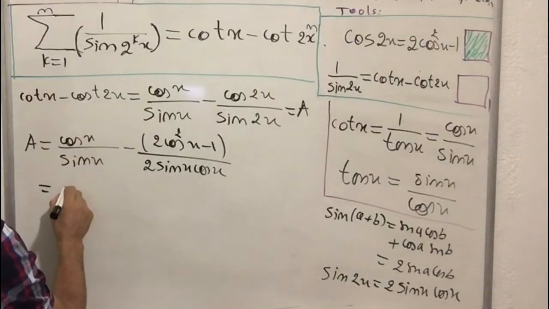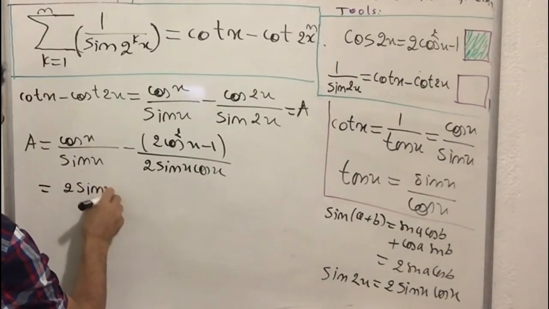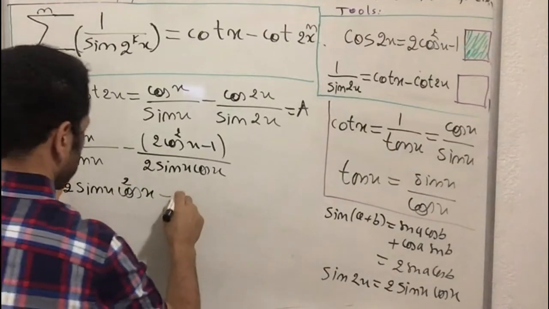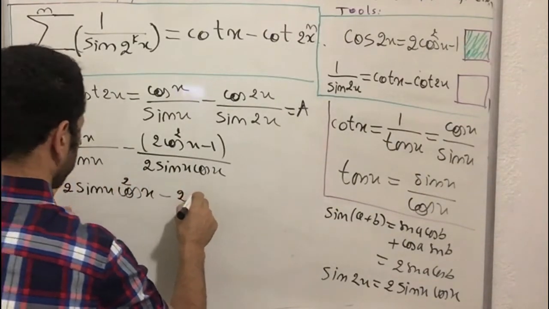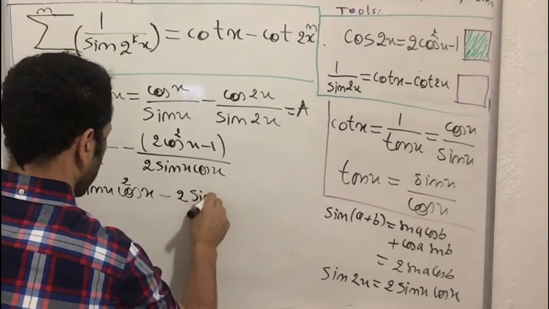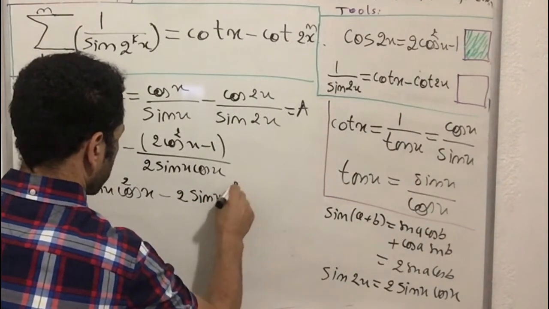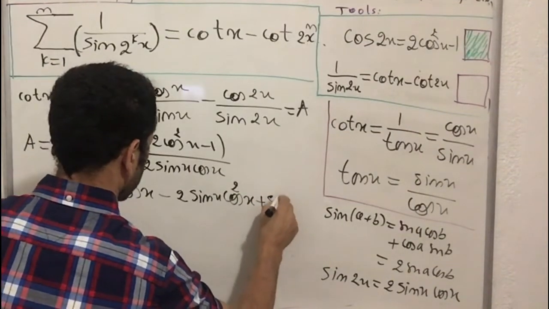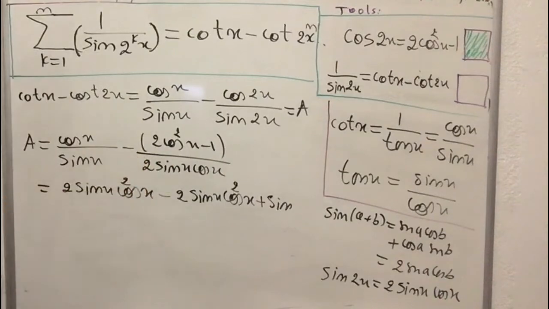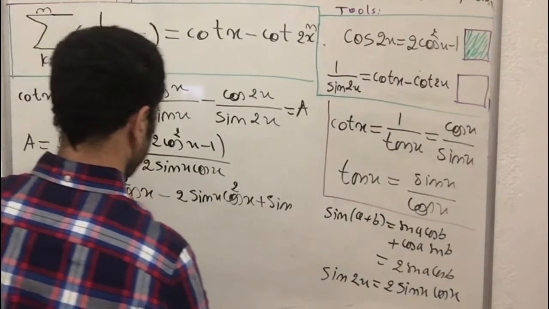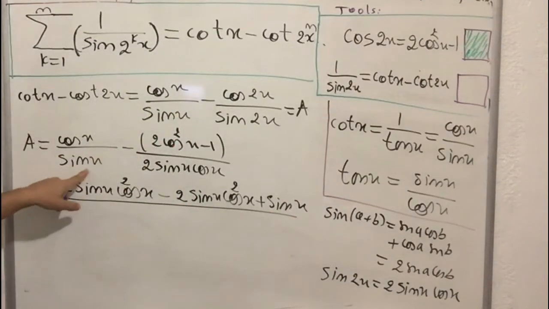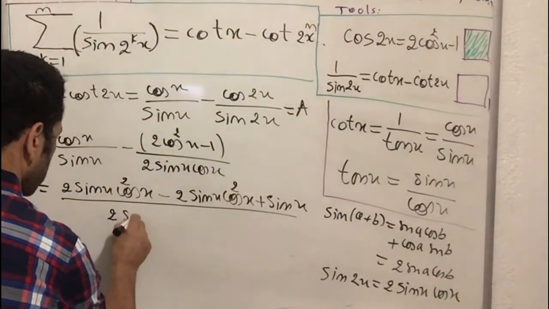So this one is giving you 2 sine x multiplied by cosine square x minus 2 times sine x multiplied by cosine square x plus sine x. With this minus and minus it becomes plus, with this minus it stays the same minus. Over the whole thing, which is sine x multiplied by 2 sine x cosine x, which is 2 sine square x cosine x.